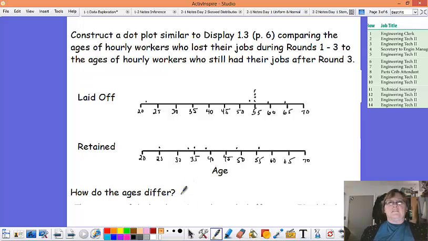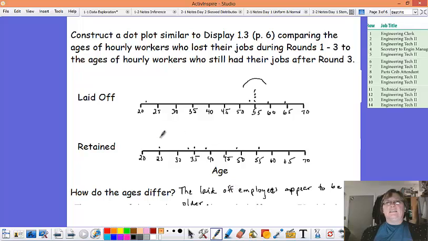All right, this is what I would say. How do the ages differ? The laid off employees, for the most part, appear to be older. And I'm referencing a clump of data up here at the high end, whereas this data is all spread out.